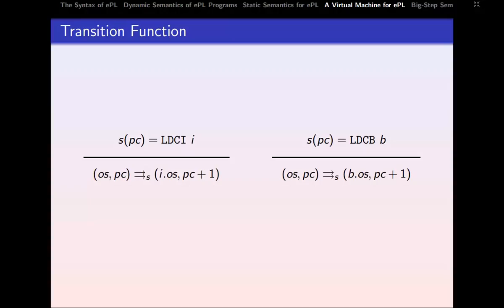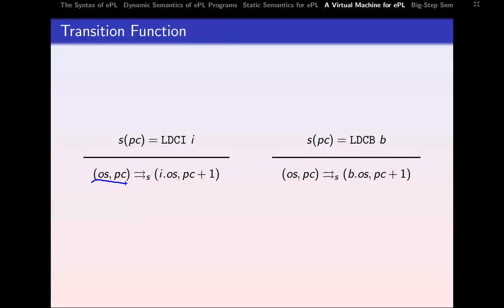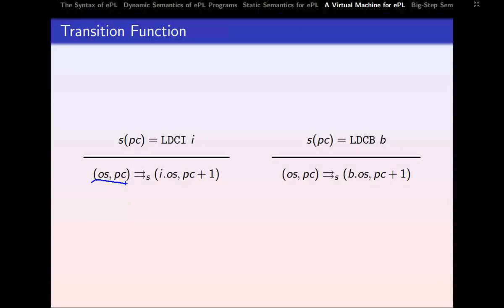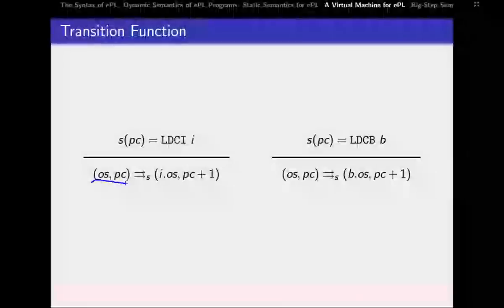Remember, this is the state, essentially, this is the state of the virtual machine. The operand stack is the stack that we've seen, and the program counter points us to the current instruction. All right? And the instructions are linear, it's an array of instructions, right? So PC plus 1 means that we just move to the next instruction. So this is how we define the semantics. When the current instruction is LDCII, we're transitioning from one state to the next.